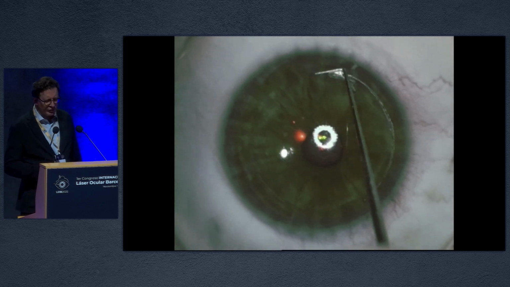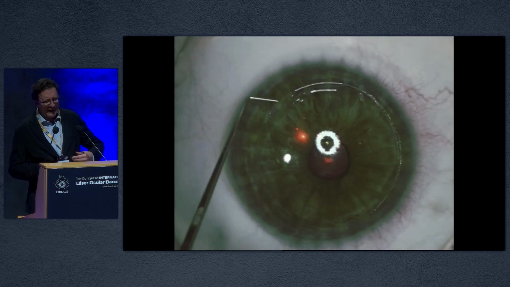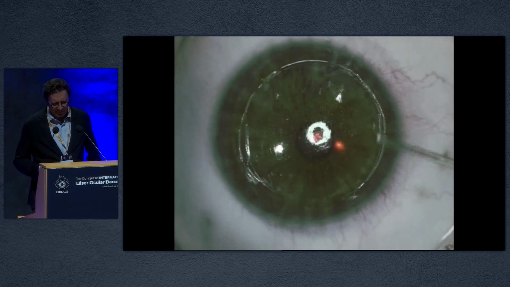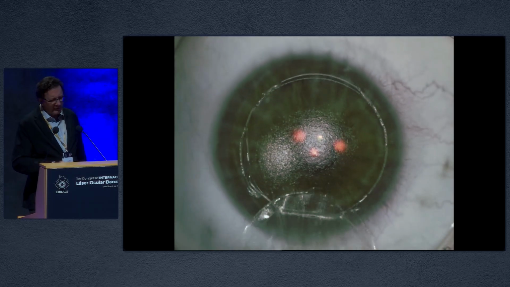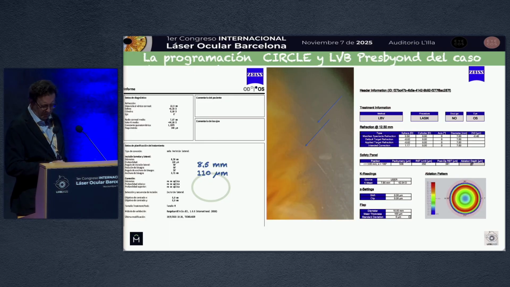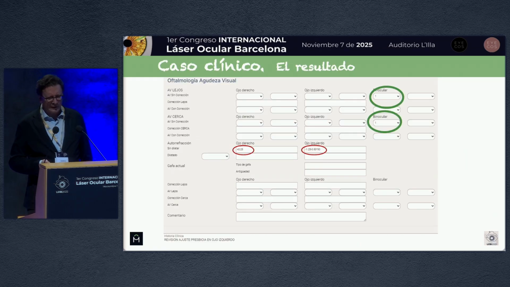That's a cut that I performed on a previous flap with a circle. Only one part of the circle, because the rest I had cancelled. That's the way it looks. A little rim here, a little edge that looks so much better. That's the program and the difference between one cut and the other, and the result.